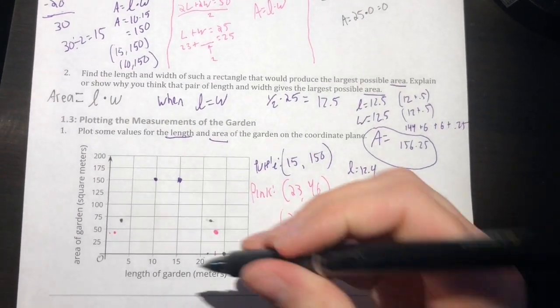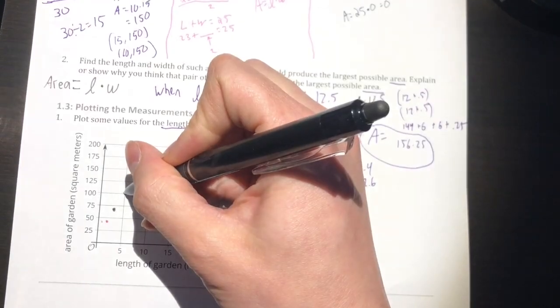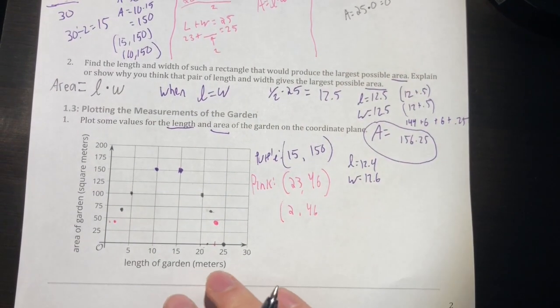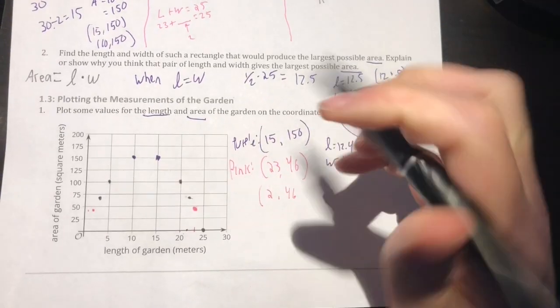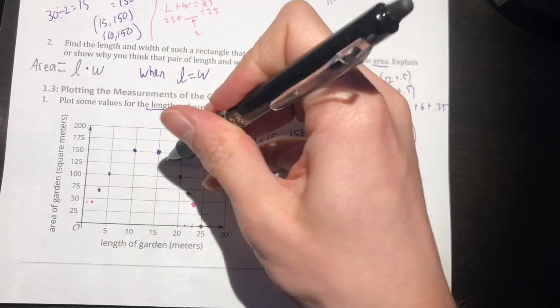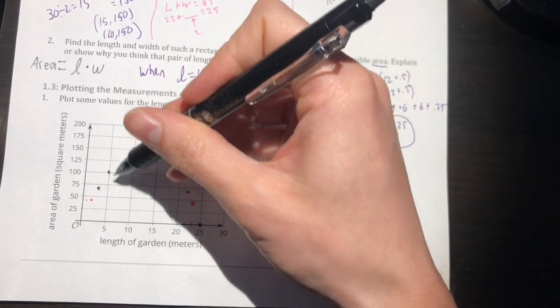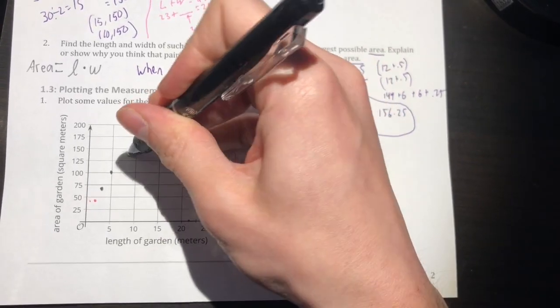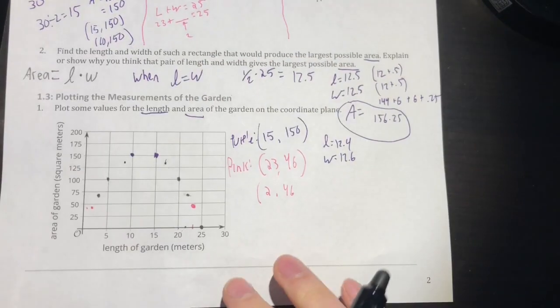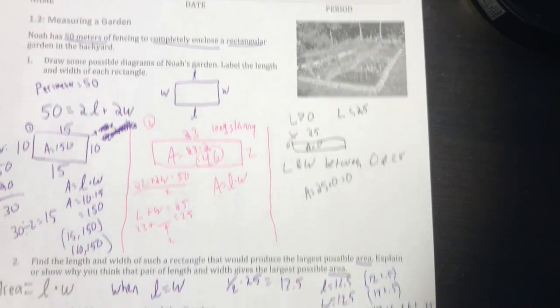So let's see if I can remember. Okay, we had (5, 100) and (20, 100). That's an easy one. And then we had (17, 136) and (8, 136). And then we're not getting a great look at the shape of this graph right here. That's okay.